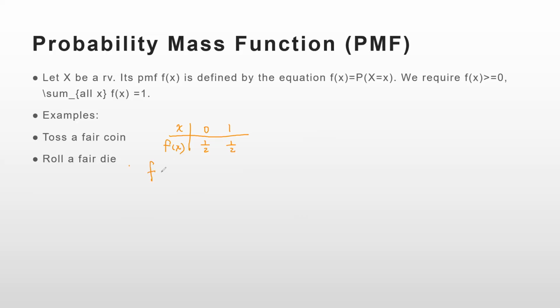So we can just say f of x equals 1 over 6, for x equaling 1, 2, 3, 4, 5, 6. So it's a probability mass function. It has mass on these values 1, 2, 3, 4, 5, 6. Such a distribution is called a uniform distribution. It's discrete, so it's a discrete uniform distribution. The probability of each outcome is the same.